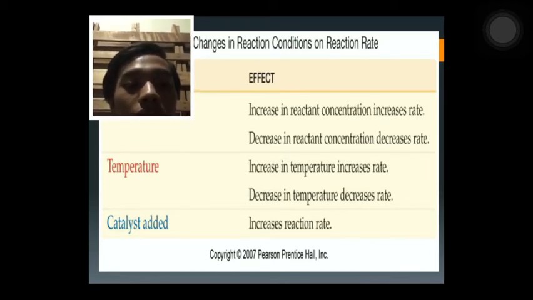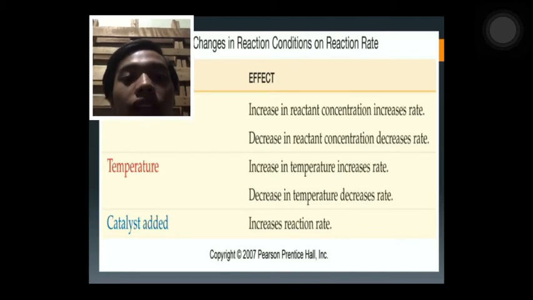So the effect on the reactant for concentration: an increase in reactant concentration increases the rate. A decrease in reactant concentration decreases the rate.